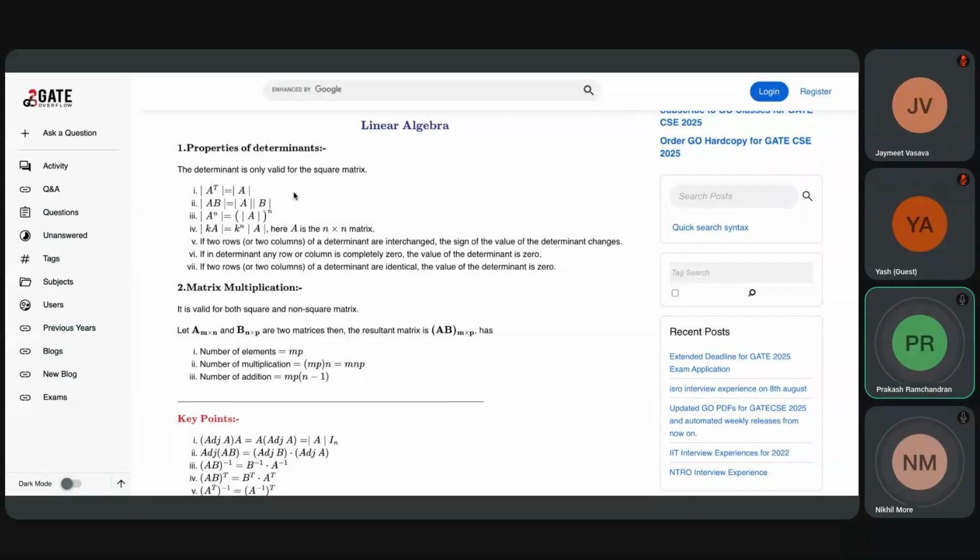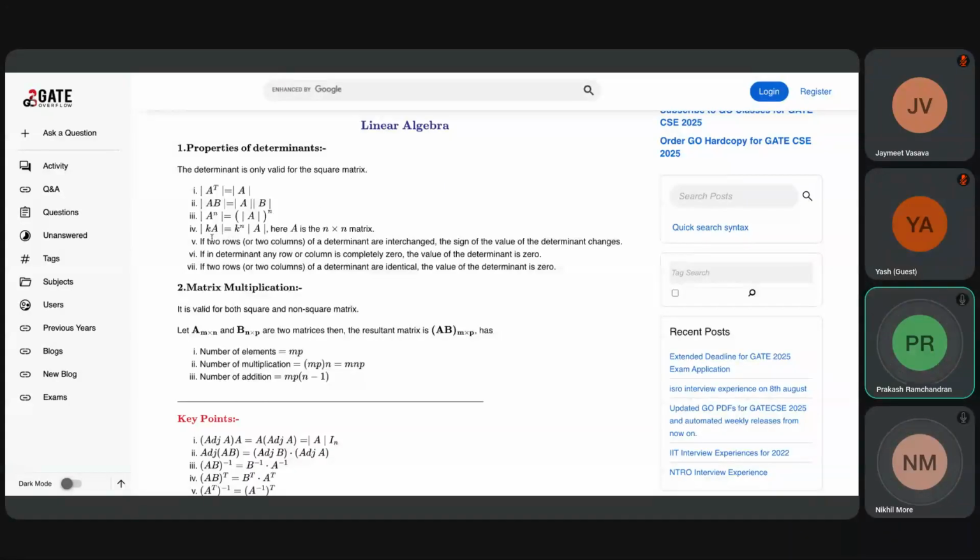The second is the multiplication property. The determinant of the product of matrices A and B is equal to the determinant of A into the determinant of B. So if we put A in place of B in the second lemma, we could just extrapolate that A into A will give you determinant of A into determinant of A. Again, expanding that to A raised to n, we get the determinant of A raised to n will be equal to the determinant of A, the whole raised to n.